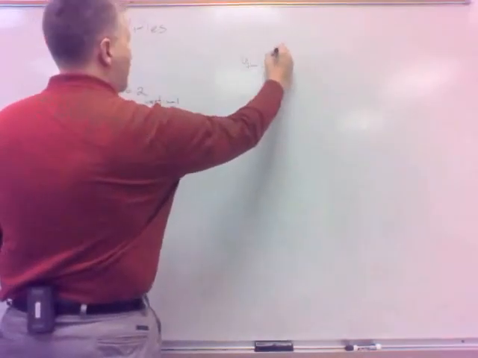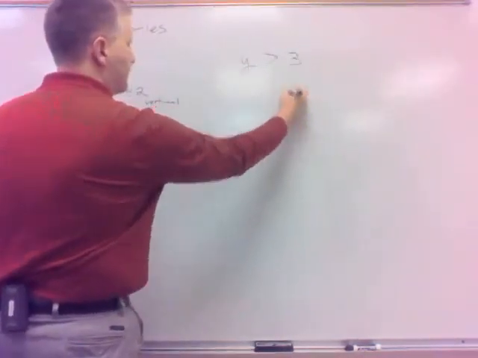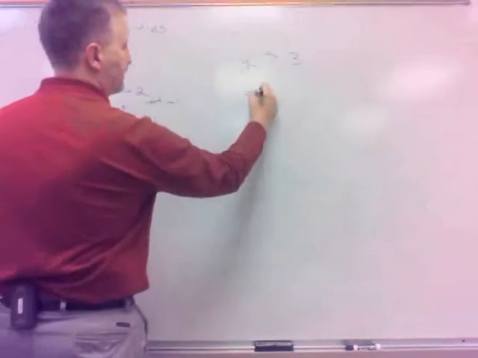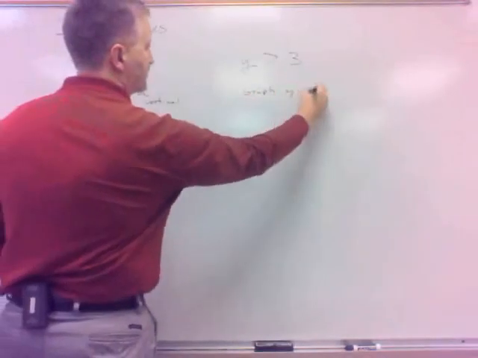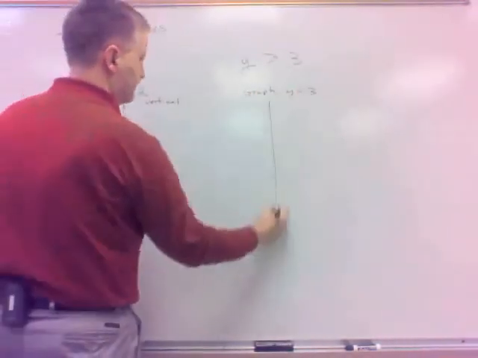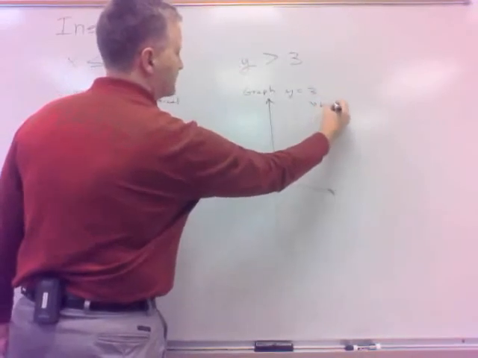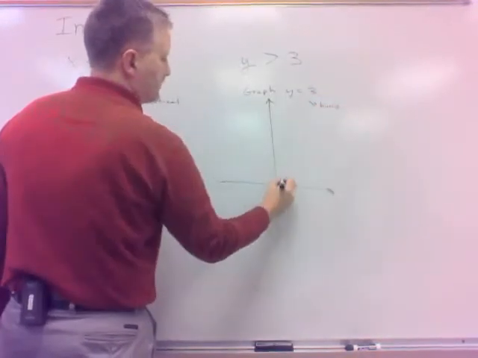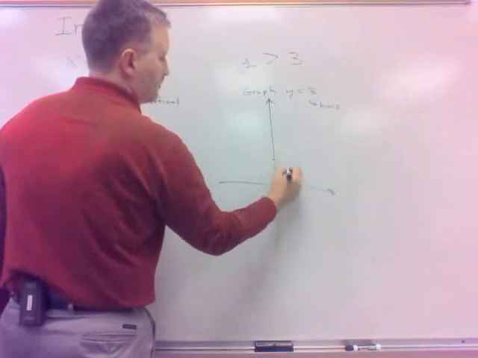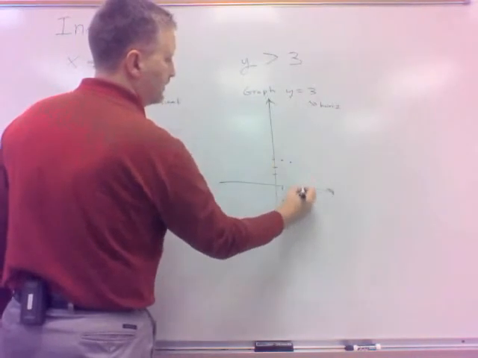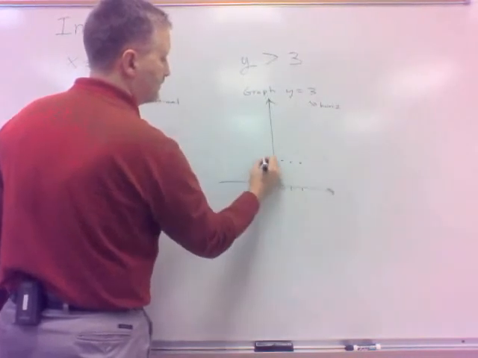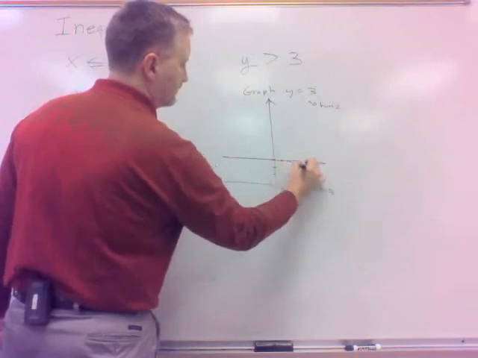We have y greater than 3. Well, we're talking graph y equals 3. What is that? Y equals the number is a horizontal line because the y value is always 3, so that's 1, 3, 2, 3, 3, 3, negative 1, 3, so that's the horizontal line.